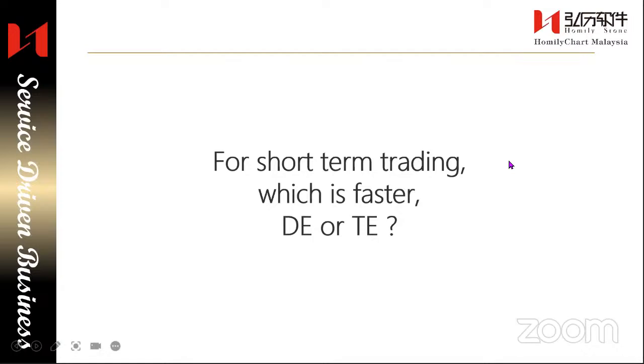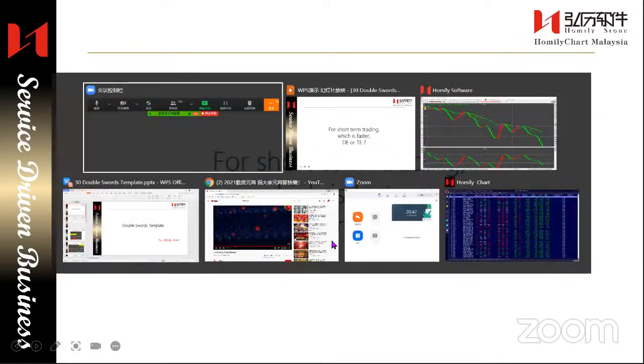For short-term trading, which indicator do you feel is faster, I mean faster to give you the buy and sell? For example, this indicator gives you a buy today, but that indicator already gave it yesterday. That means that indicator is much faster. So which one do you think is much faster?